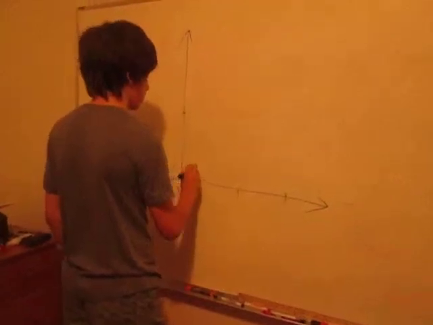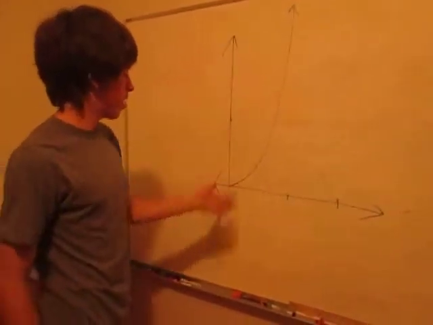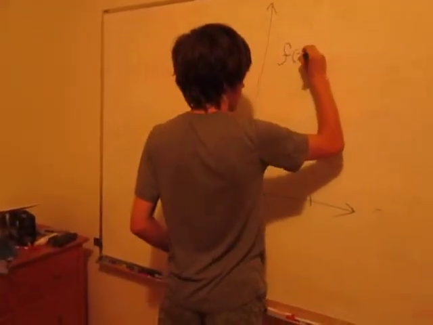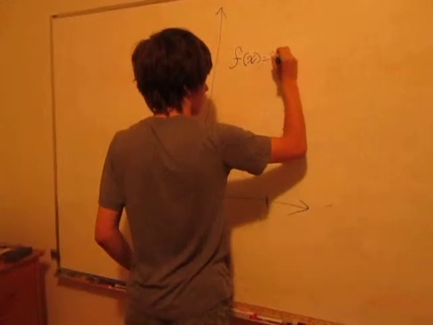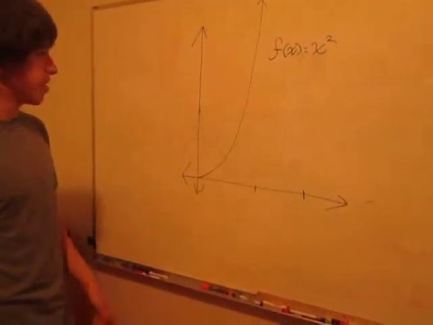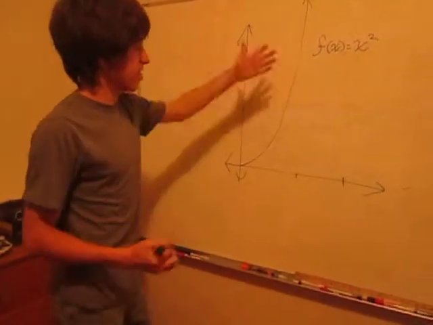Let's say we have f of x is equal to x squared. It's a simple exponential function. Now, what is the limit if it's continuous?